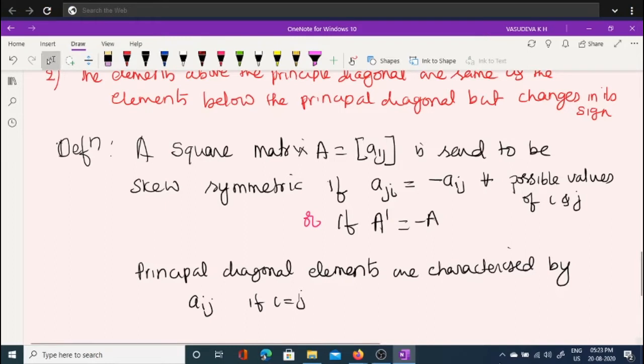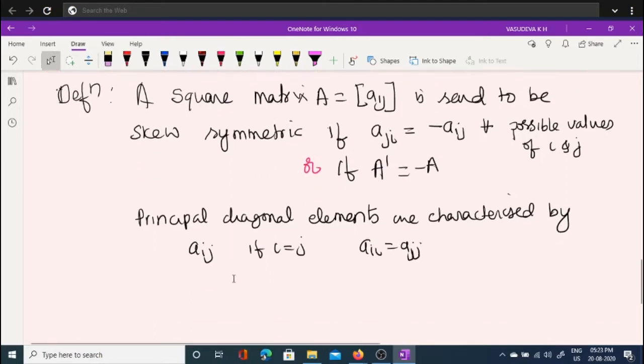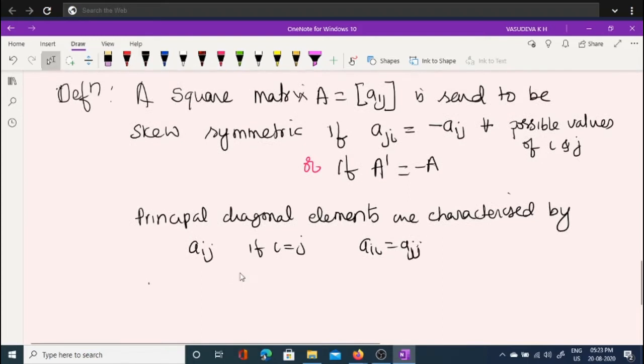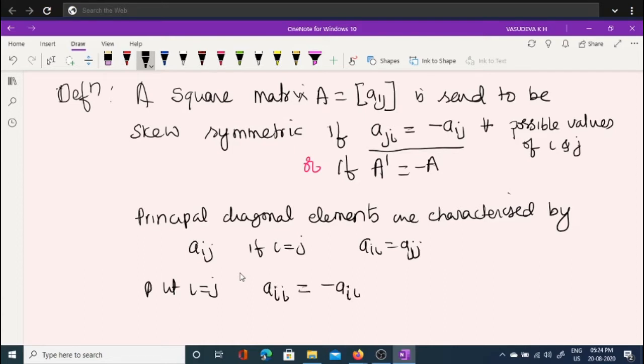That means the suffixes are the same. So when you put i equal to j for the principal diagonal elements, the definition, Aji is equal to minus Aij, now becomes Aii is equal to minus Aii because i is equal to j.